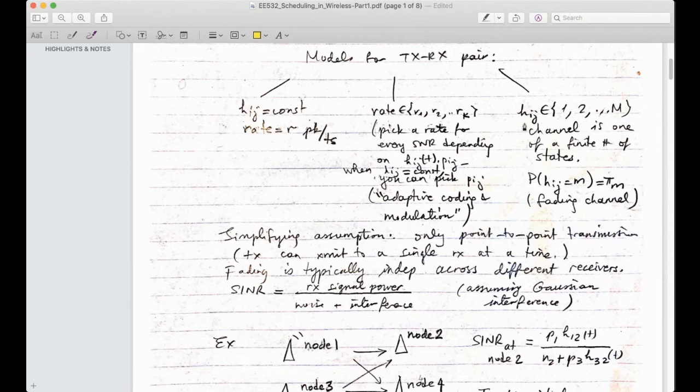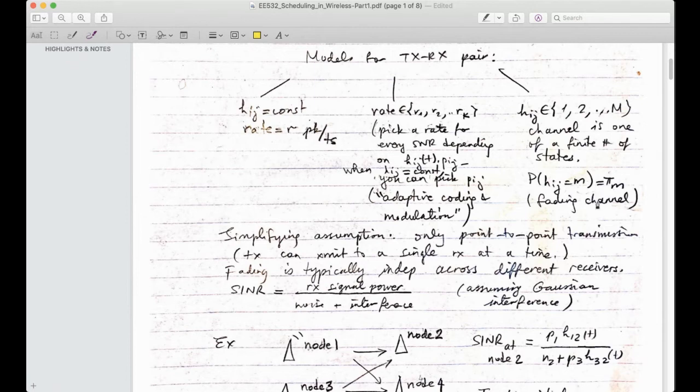The third model we'll use is that the channel gain comes from a finite set of channel states. So the channel is one of a finite number of states. Each has a steady state probability. So the probability of the mth state is pi sub m. This is the fading channel model.